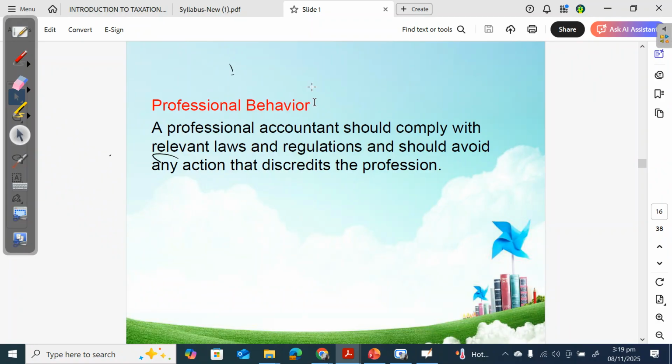You should behave professionally. If you have anger issues, control your anger at the workplace. So you have to behave professionally as an accountant.